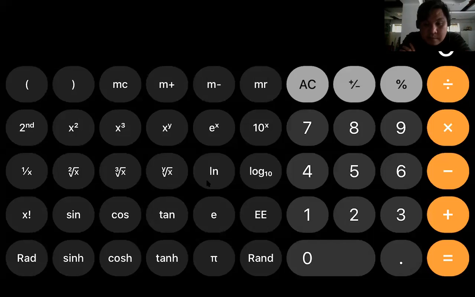Now take note, for this to work on your iPhones, you should enable the change orientation, so that when you flip it over, it actually changes into this type of orientation. For Android, I'm pretty sure you can figure out how to get it into its scientific calculator mode.